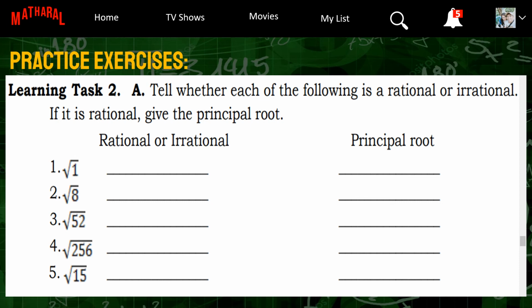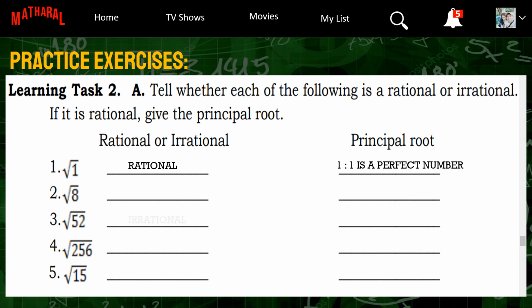The answer is rational. Why? Because 1 is a perfect square, and the only number that multiplied by itself gives 1 is 1 itself. So the principal root of the square root of 1 is 1.